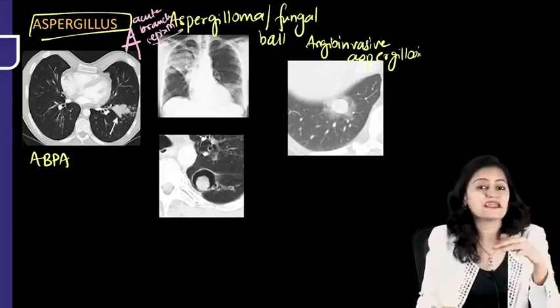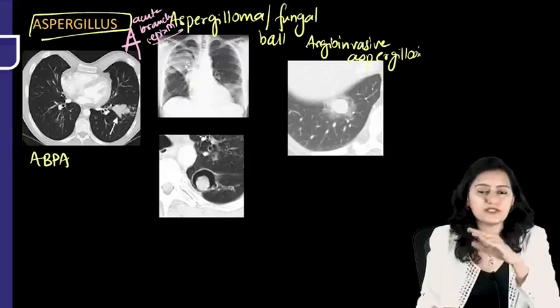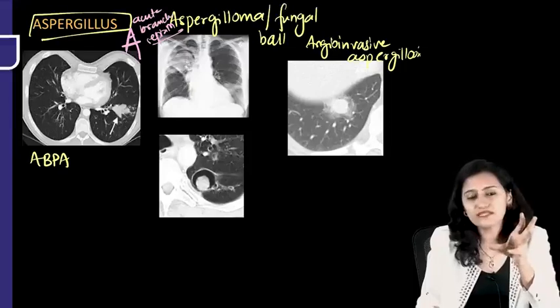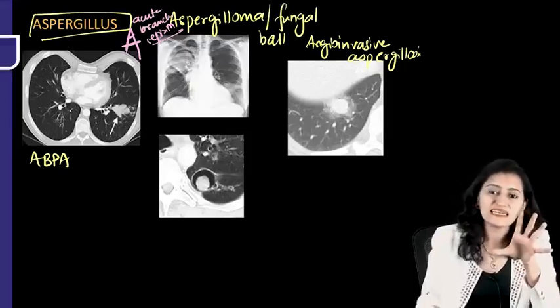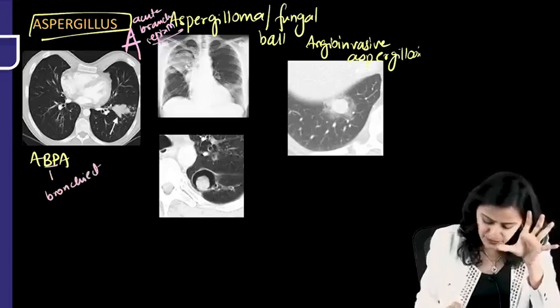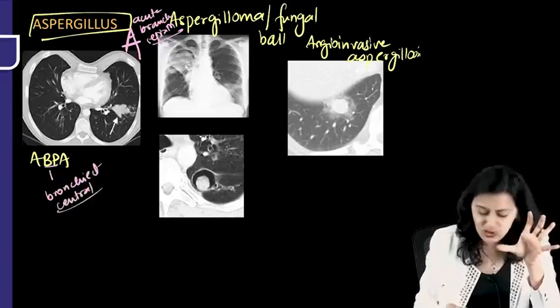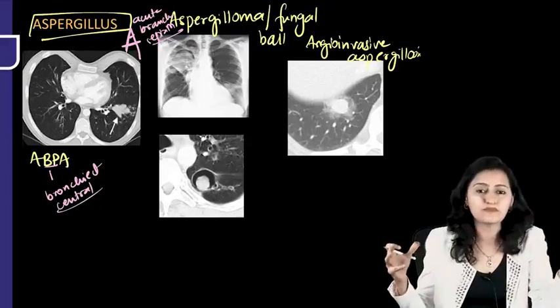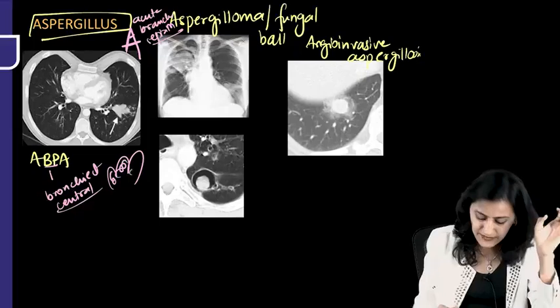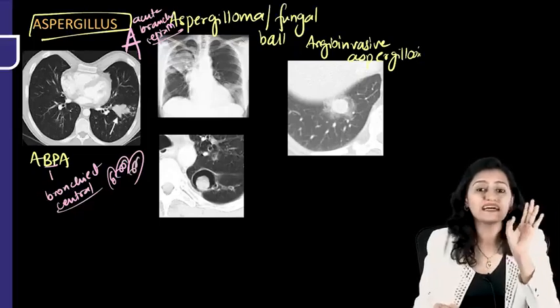Now in ABPA, that is allergic bronchopulmonary aspergillosis, allergy increases the mucus production, right? So what do we see is, the bronchi are dilated. So it will have bronchiectasis. Remember, ABPA causes central bronchiectasis. That means the main bronchi are dilated and they are filled with mucus or the high attenuation fungal elements.